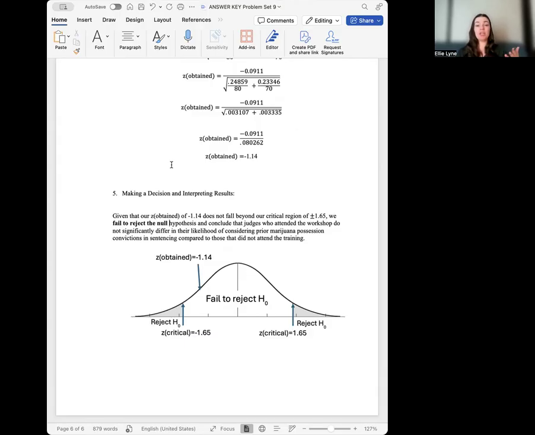We're bringing in information all the way back from chapter 1, where we discuss the difference between different levels of measurement, nominal variables and interval ratio variables, right? That's all the way in our assumptions in step 1. We talked about the normal distribution in chapter 5. So we're bringing together all of these ideas to actually now be able to conduct statistical analysis. But it is tough stuff, and I do recognize that.